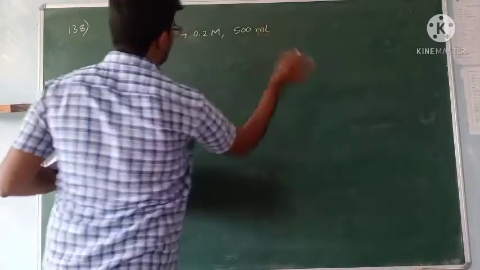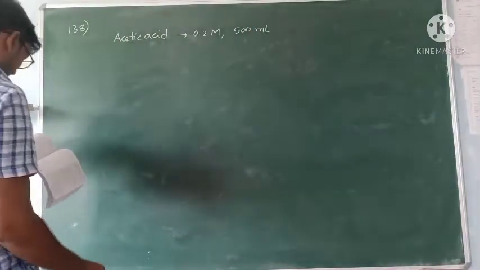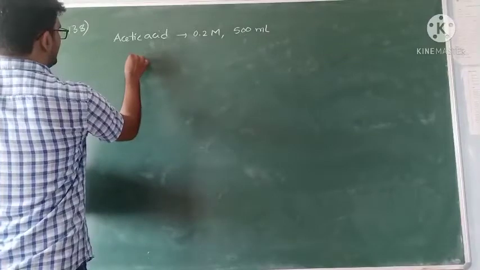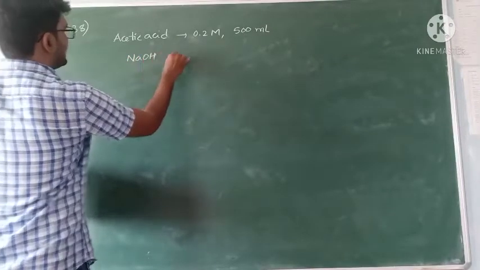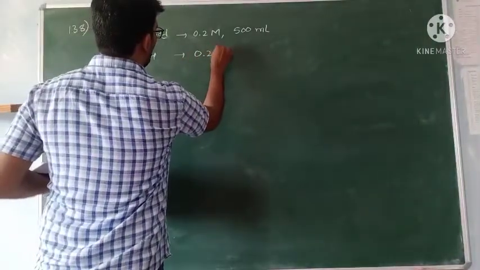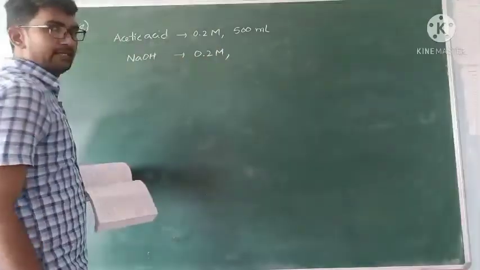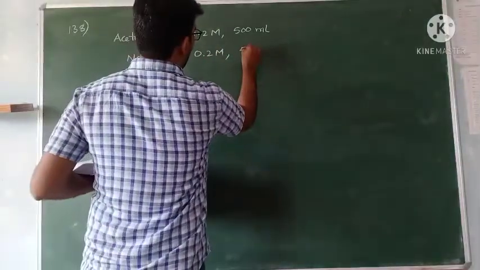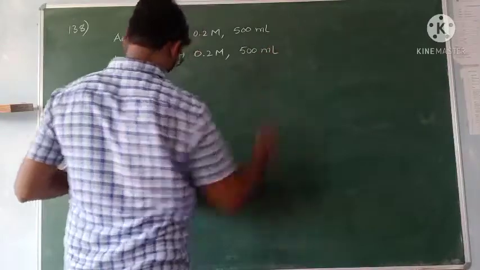Water, 500 ml water is common for both. And second one, NaOH. This is a strong base. This is also 0.2 molarity concentration and 500 ml volume.